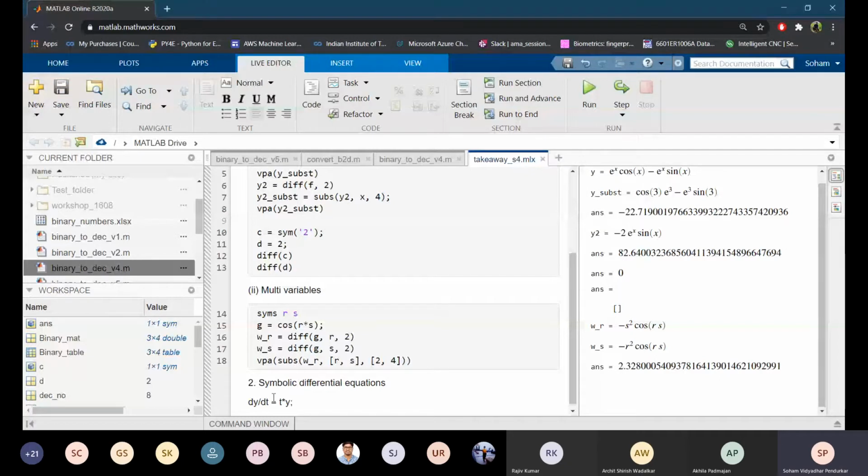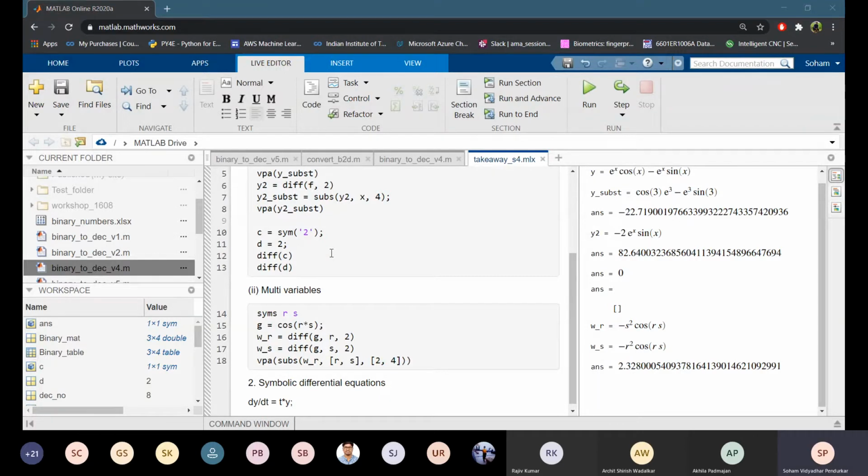This is an ordinary differential equation. We'll try to solve it using dsolve or symbolic toolbox solving. Obviously there are differential equation solvers out there, but we'll use this now because it is very easy to obtain results for some of these problems. I'll also tell the limitations of this at the end.